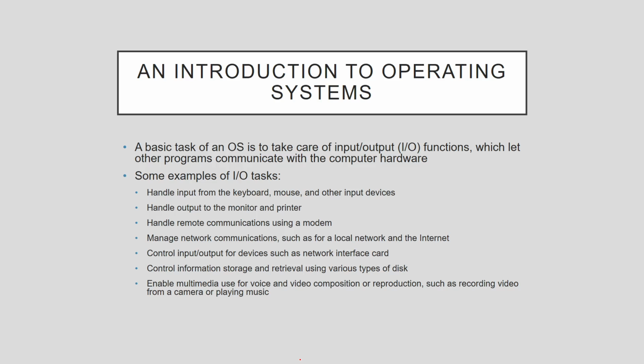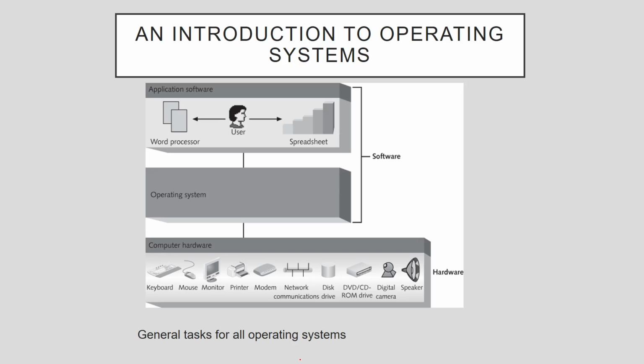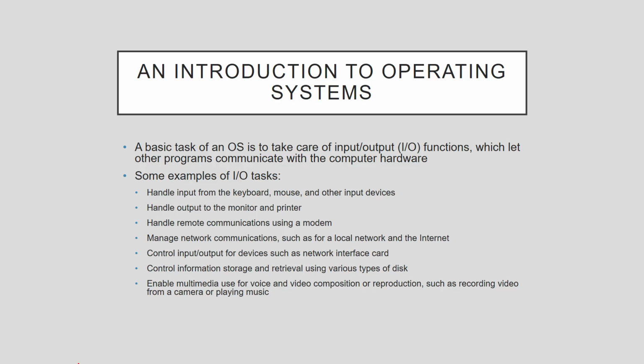So in general, an operating system serves as an interface between the application software and hardware, and that is shown in this figure. And the operating system performs the input or output tasks. The first one is it will handle input from the keyboard, from the mouse, and other input devices. It will also handle output to the monitor and printer.